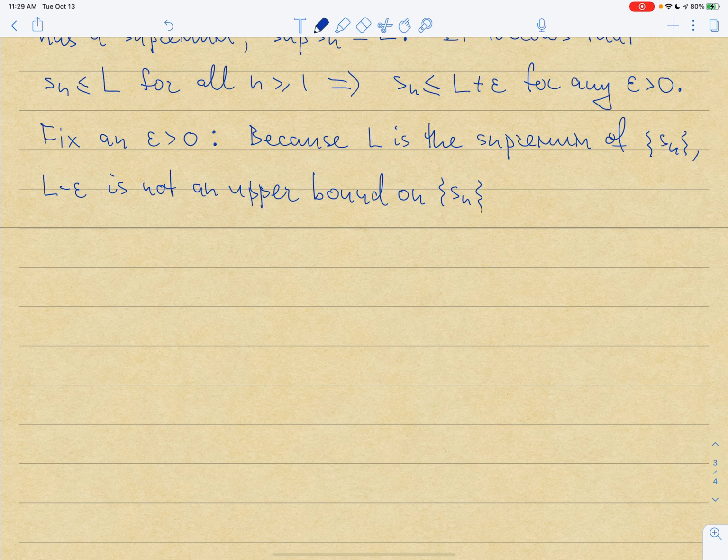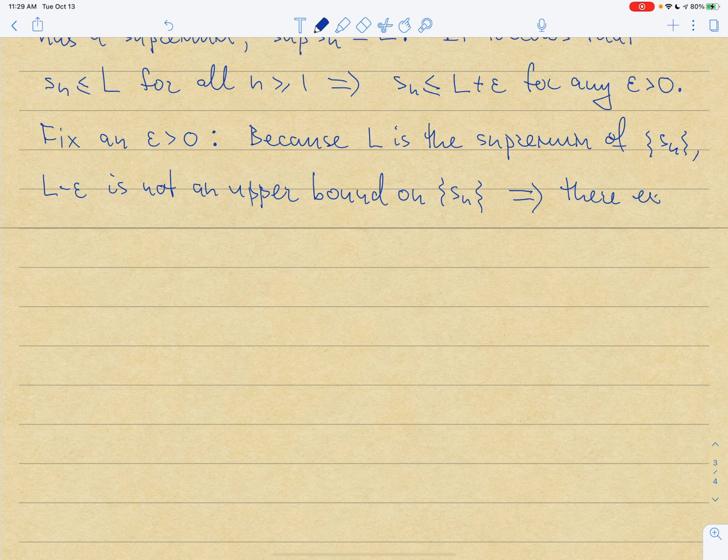Right? If L is a supremum, then anything smaller than the supremum is not an upper bound. And what does it mean that it's not an upper bound? It means that I should be able to find an element of my sequence which is going to be larger than L minus epsilon.